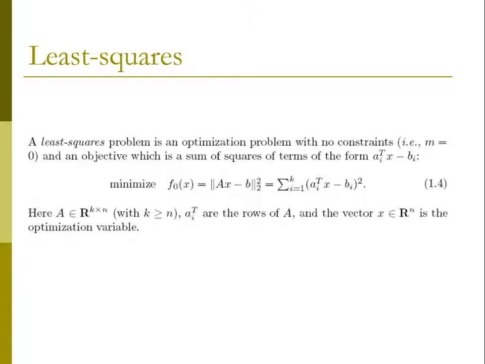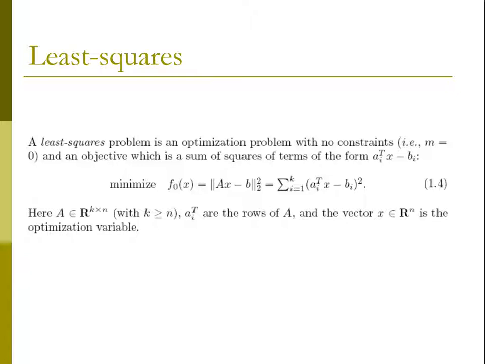Recognizing an optimization problem as a least squares problem is straightforward. For example, look at this function. We only need to verify that the objective is a quadratic function, and then test whether the associated quadratic form is positive semi-definite. It's a very important symbol.